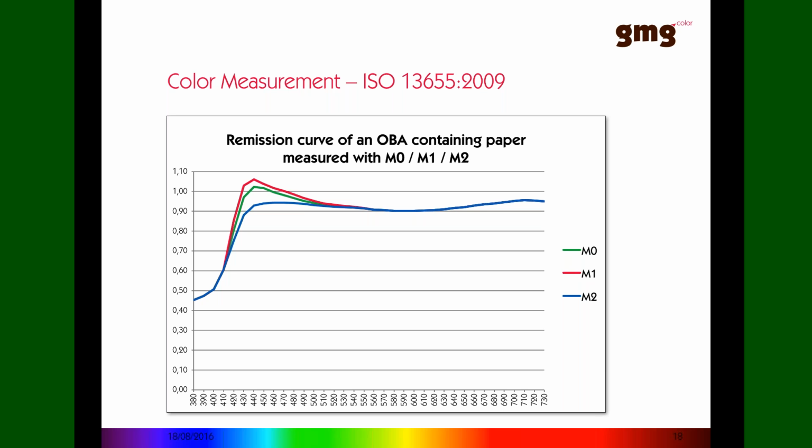If we have a look at the M1 measurement, so the measurement using a defined UV light very close to daylight, then we see a higher reaction of those optical brightening agents, and we get a higher amount of bluish light when we measure using the new M1 condition. And M2 is the UV cut condition, so no UV light in our light bulb that's hitting the paper.